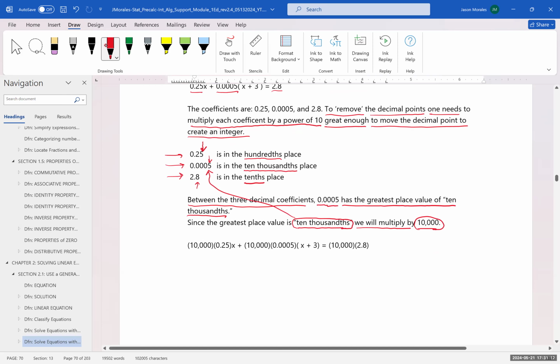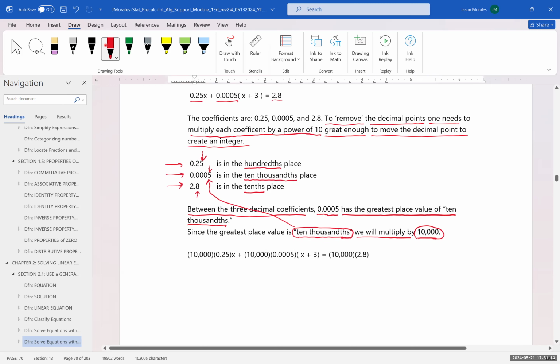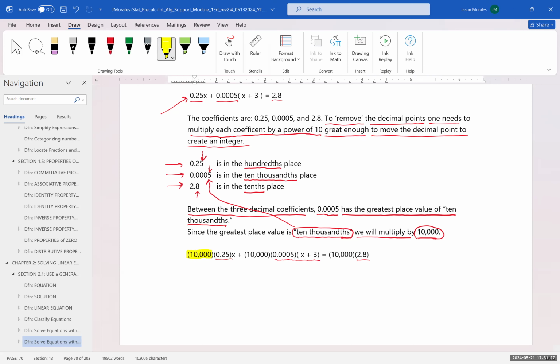So we're taking this original equation, 0.25x, 0.0005 times x plus 3, and 2.8, and we're just multiplying everything by 10,000.